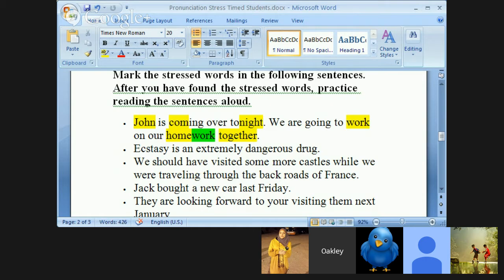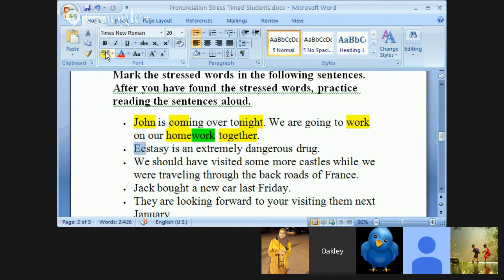Thank you. So, try the next sentence here. Ecstasy is an extremely dangerous drug. Okay. All right, let's go slow and analyze it here. What are the content words? Ecstasy. And furthermore, ecstasy.